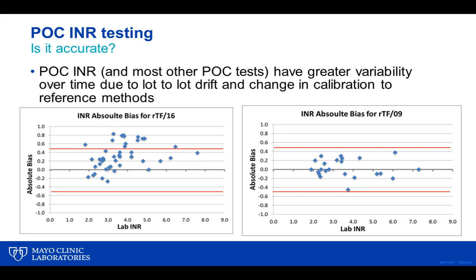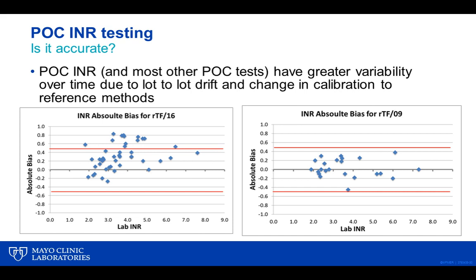Another limitation is that point-of-care methods, and this is true in general of all point-of-care methods like glucose and A1C, are more susceptible to lot-to-lot variability over time. It's harder for these manufacturers to keep the disposable strip cartridge device calibrated to a true reference standard than it is for laboratory test manufacturers.